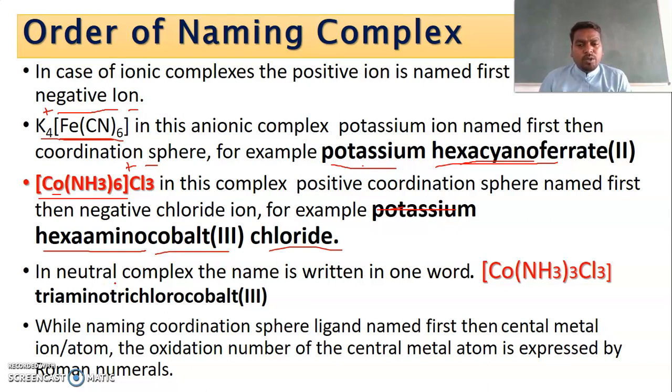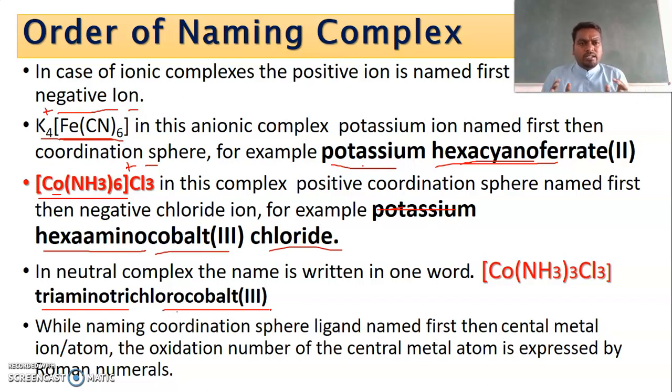In the case of a neutral complex, the name is written in one word, here triamminechlorocobalt. In neutral coordination complexes, there is no question of a positive part and negative part, because a neutral complex doesn't contain a counter ion.